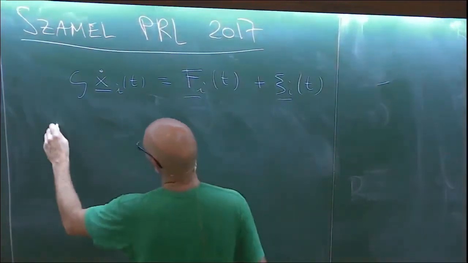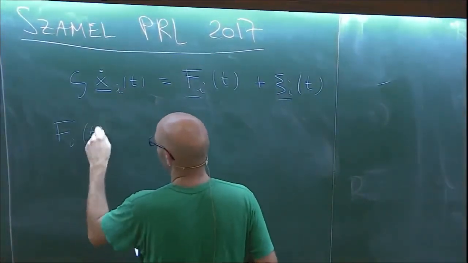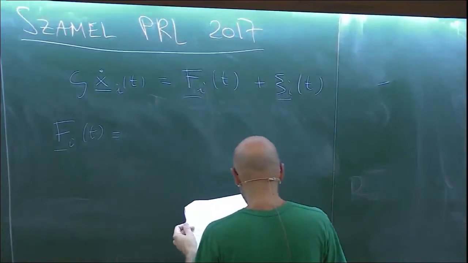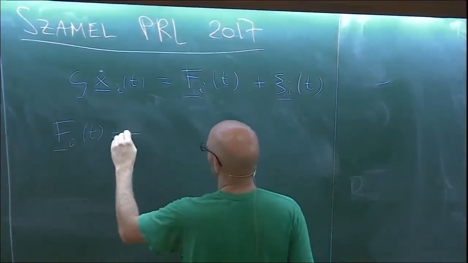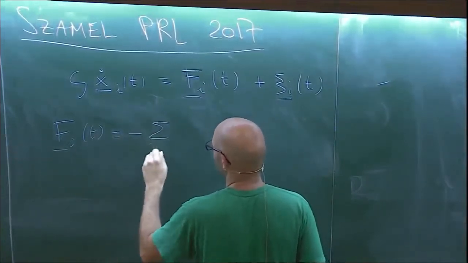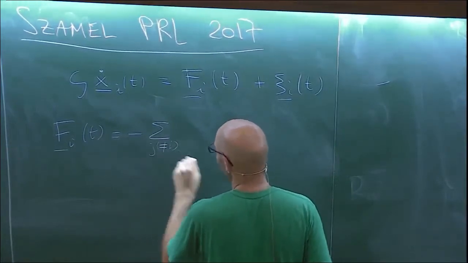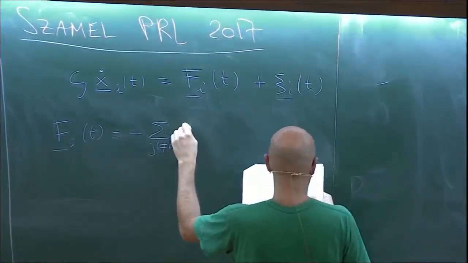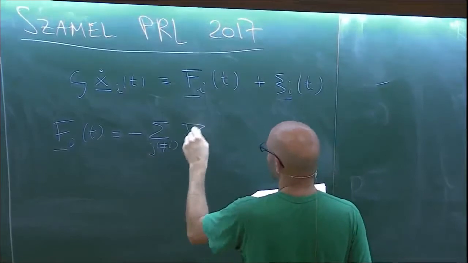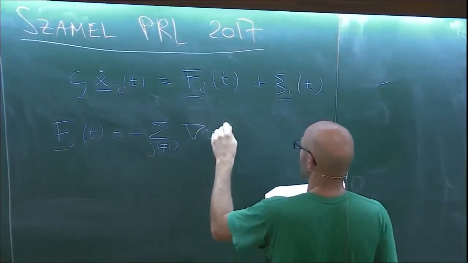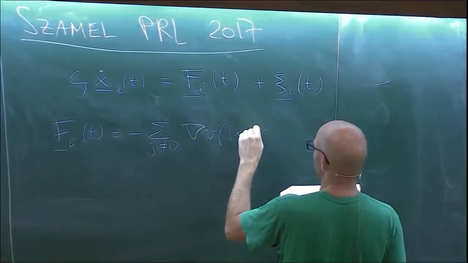And Fi of t is the derivative of the total potential, so it's written as a sum over all the other particles j, different from i, of the gradient of the potential, which is a function of xi minus xj.